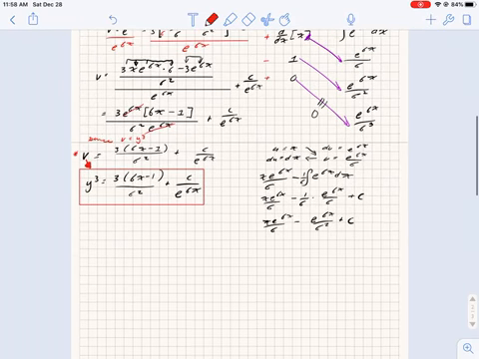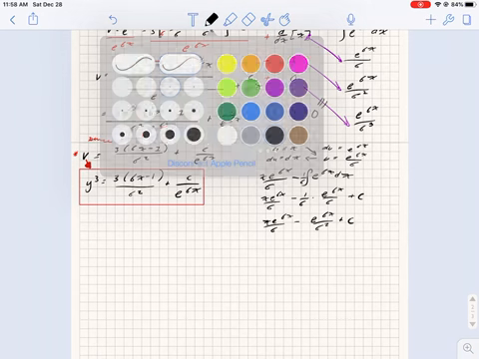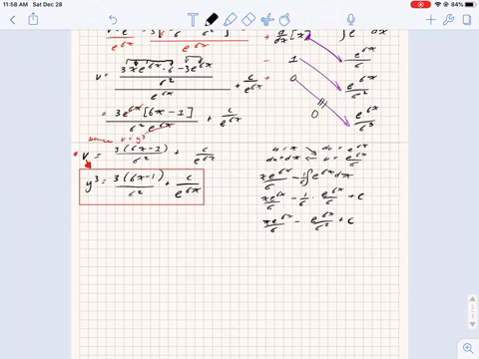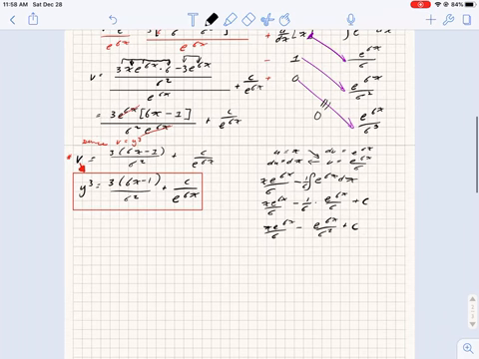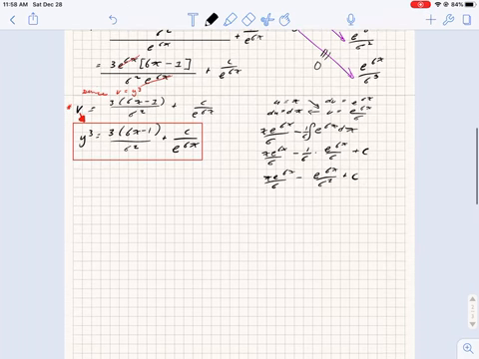Now, just like linear differential equations, we could still check our answer to make sure that we got it correct. I'm going to use the v variable instead of our y variable just because it's easier, but try it with the y variable. You'll still be able to check your solution. But we have a couple things to note. We were not given an initial value problem, so we don't know what c is.